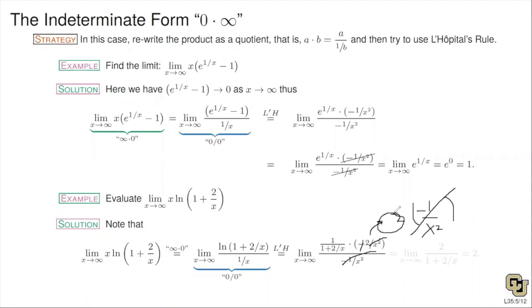And the 2 survives. And then the 2 multiplies to the 1 over 1 plus 2 over x. We get the limit as x goes to infinity of 2 over 1 plus 2 over x. And now we can take this limit as x goes to infinity. The 2 over x goes to 0. So we get 2 over 1 plus 0, or just 2.